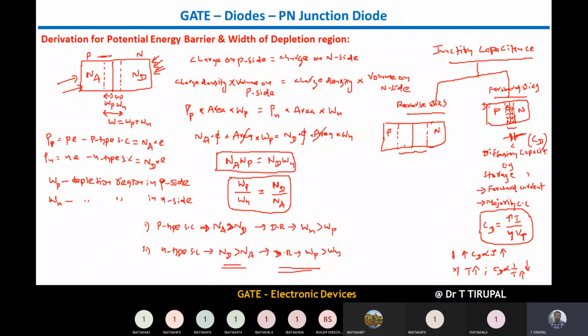Here there is negative immobile charge, and here positive immobile charge. This region of immobile charge is called the depletion region.